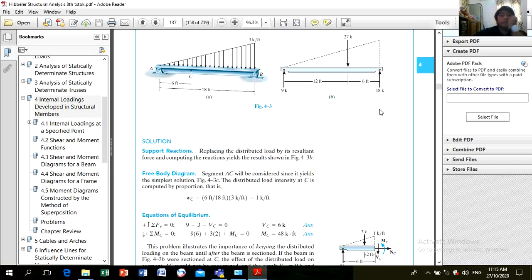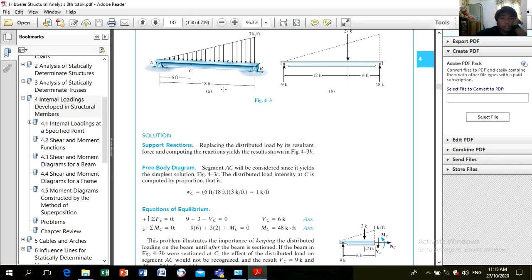Now, to consider AC, I consider this portion at point C. If I cut here, what will be the distributed load? You can use ratio and proportion. How? WC over 6 is equal to 3 over 18.